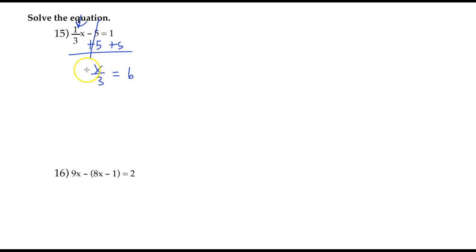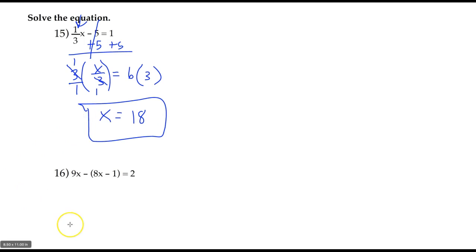So to get rid of this, we need to do the opposite operation, which is multiply. But with equations, what we do to one side, we have to do to the other. So in this case, taking 3, which is the same as 3 over 1, and multiplying it times x over 3, we know that these 3's reduce to 1, and 1 times x is x, and 6 times 3 is 18, and that is our answer.